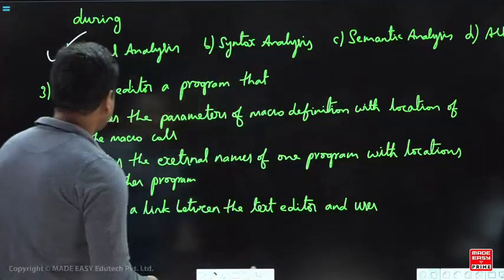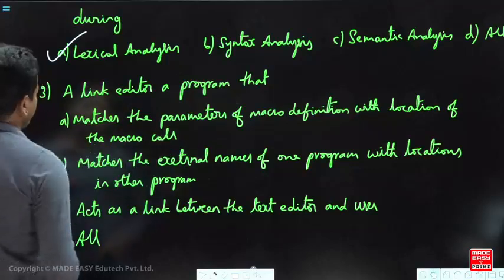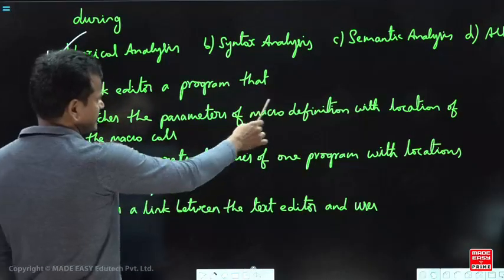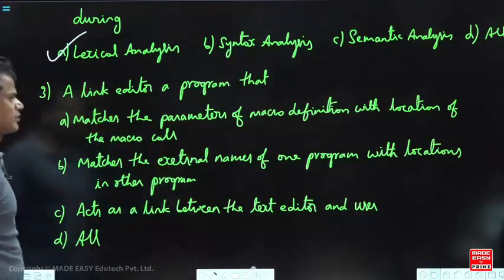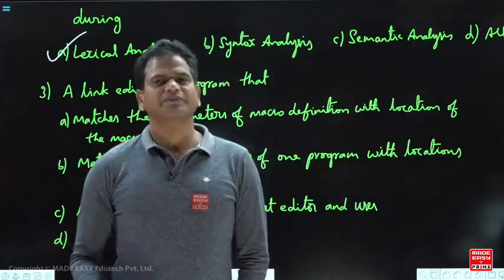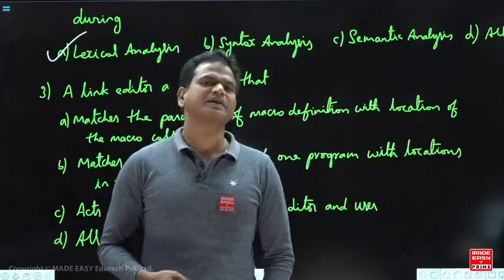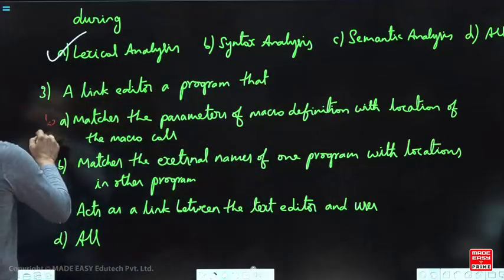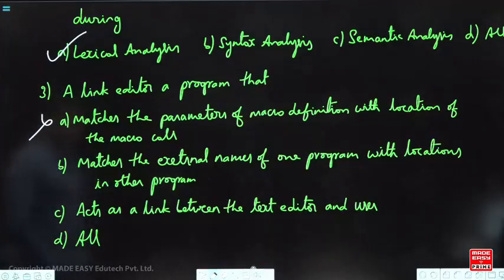Now, a link editor is a program that matches the parameters of macro definition with the locations of the macro call. Macro definition and macro call will be done before compilation by the preprocessor. So it is not a part of link editor.